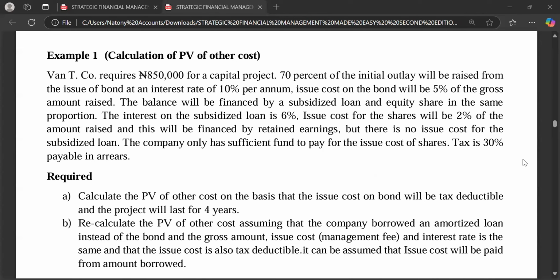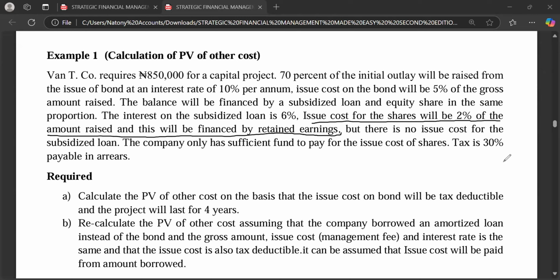But okay. So let me continue reading. Issue costs for the share will be 2% of the amount raised, and this will be financed by retained earnings.